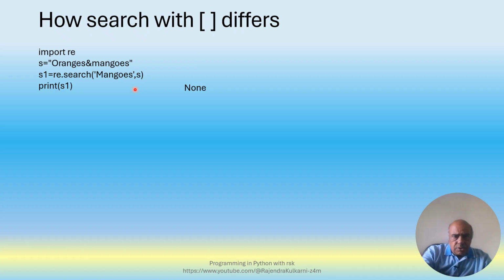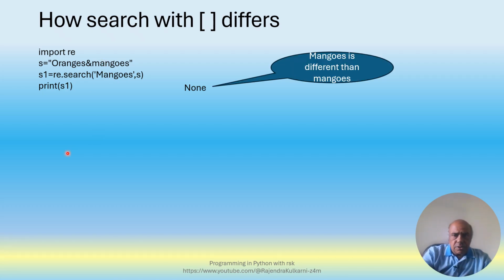The output we get is None because our string contains mangoes but M is in small case, whereas in the search criteria we are giving M as a capital. It doesn't match and hence the output is None. Mangoes with M capital is different from mangoes with m small.